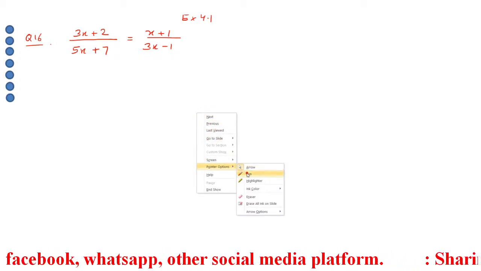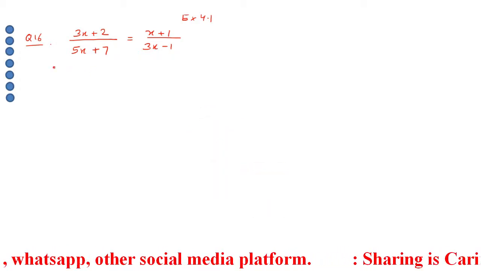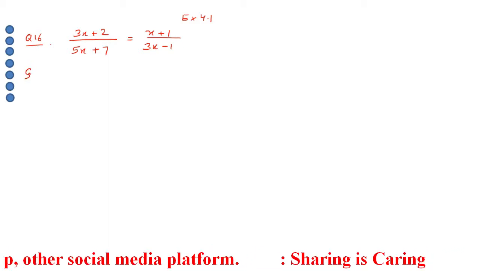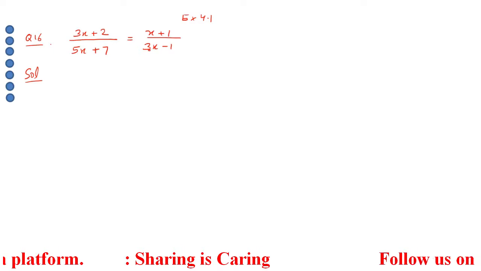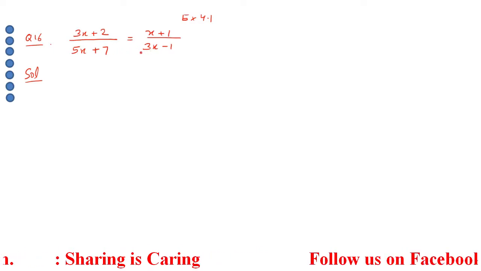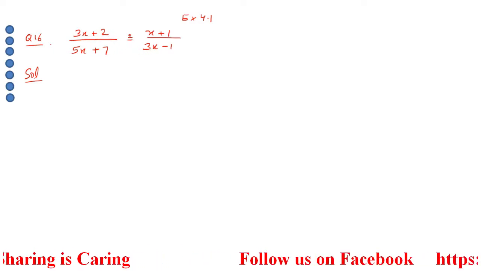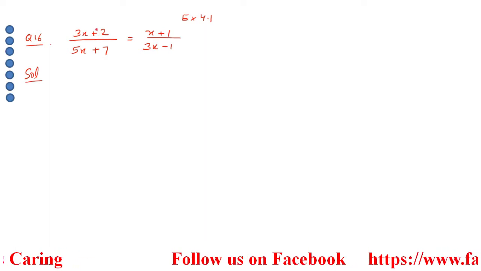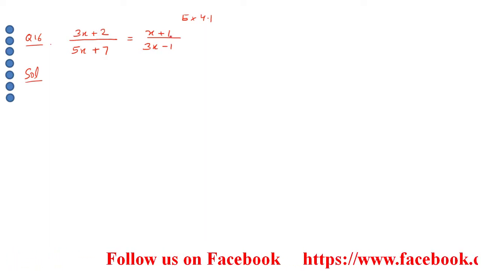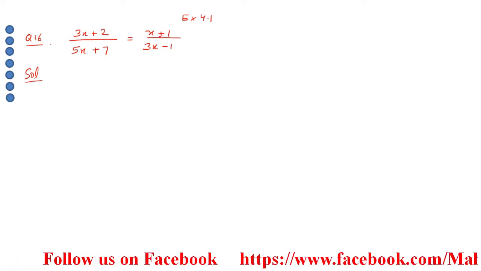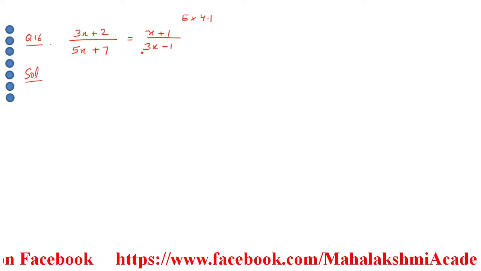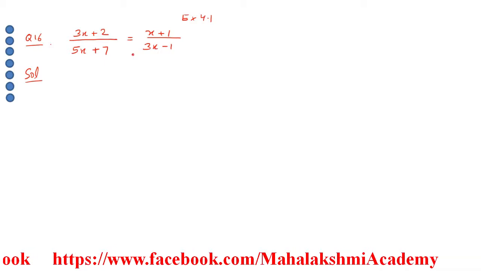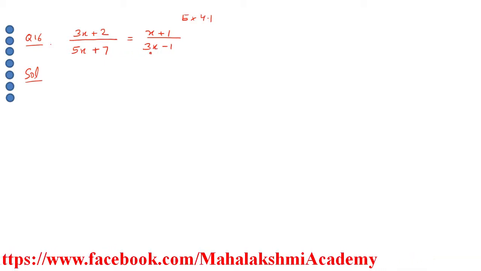First, orally we'll check whether the fourth meaning or the fifth meaning is applicable here. The sum of the numerators, 3x + 2 and x + 1, is 4x + 3. The sum of the denominators is 8x + 6.